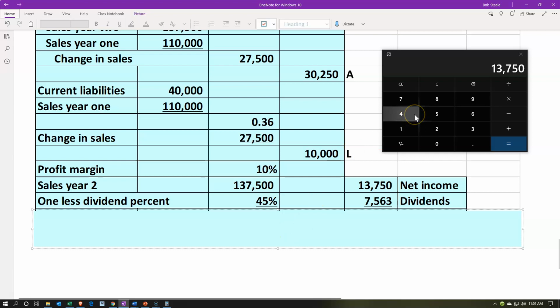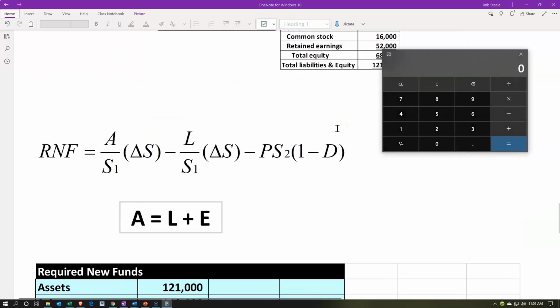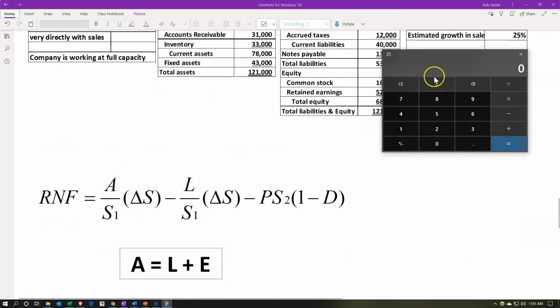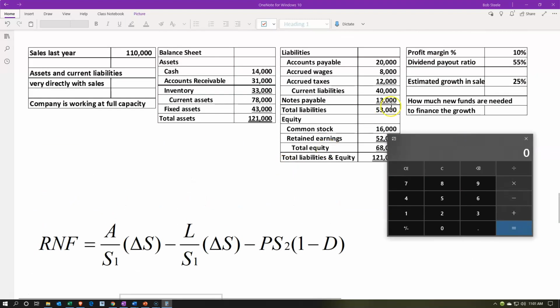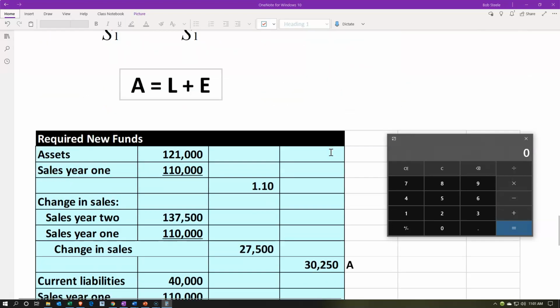You'd probably say, okay, now I'm thinking about the equity side of things, and the net income is going to go up by this 13,750, and then we're going to pay dividends because we've promised to pay out dividends of the 55%. That's what the dividend payout ratio means.